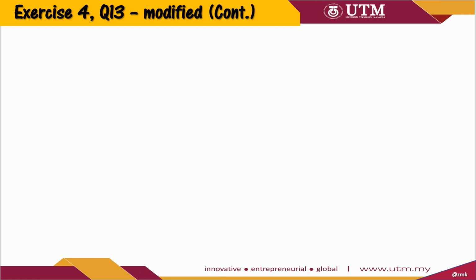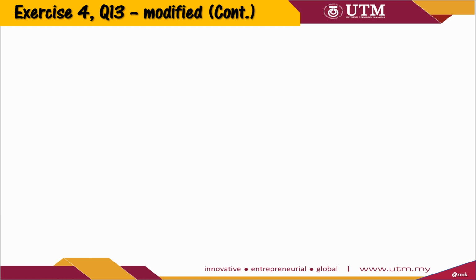Let's look at the complete solution for exercise 4, question 13, which has been a little bit modified. Recall the modified question is to determine whether soil of type S1 has a higher gamma radiation dose compared to that of type S2. The keyword higher refers to greater than and should be under H1.